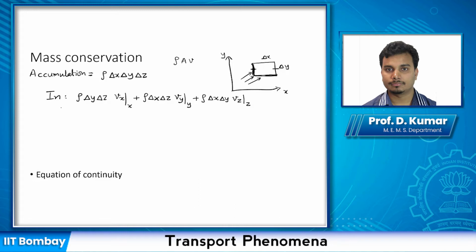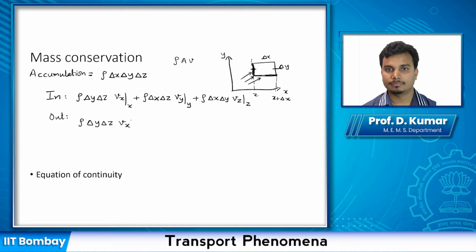So now we want to write the out term. Okay, so whatever is coming out, whatever is coming in from this surface and going out here, you can write as rho delta y delta z. That area remains the same. So here you will have Vx, but now this is x, and this is x plus delta x.